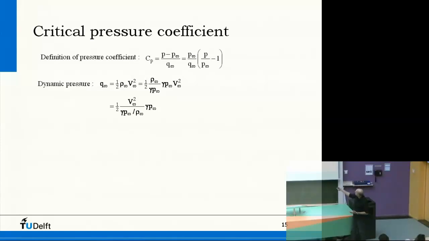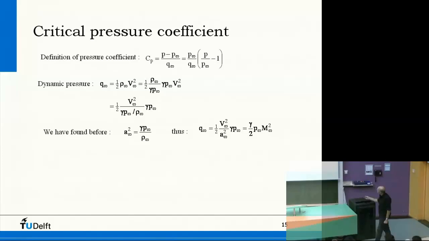So we're going in this direction. We write this in a form where gamma comes in. So if we write it like this, this is V squared divided by P infinity divided by rho infinity. And this here is the velocity of sound squared, right?